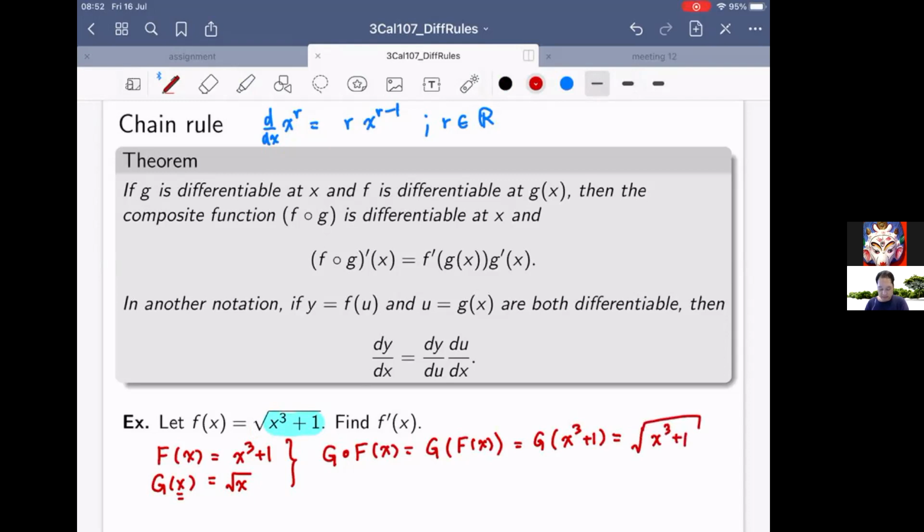This is called a composite function. And then how are we going to find the derivative of a composite function? We have this formula right here.